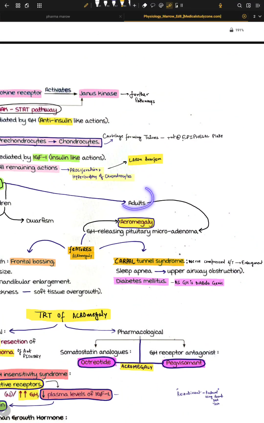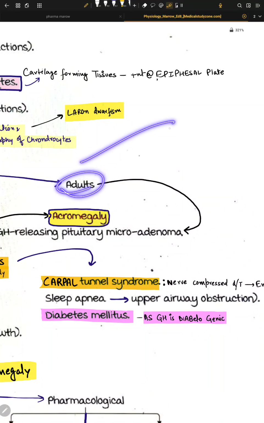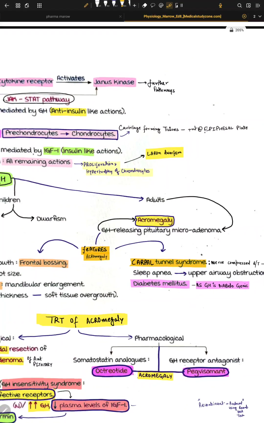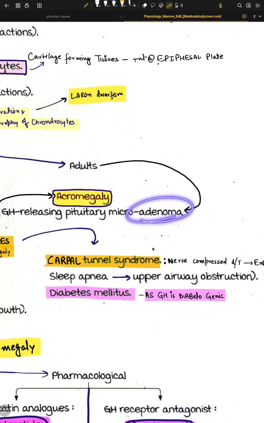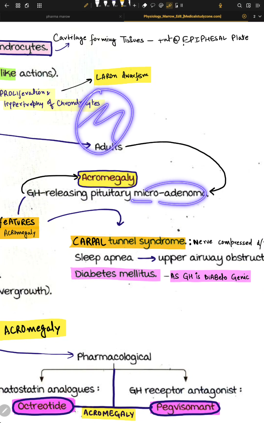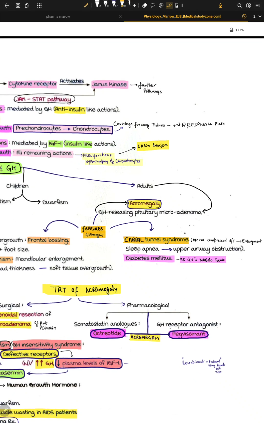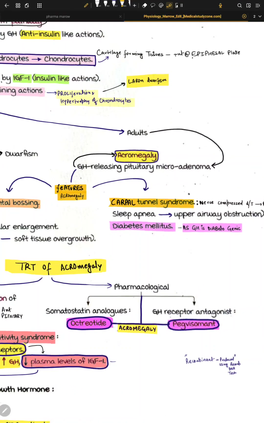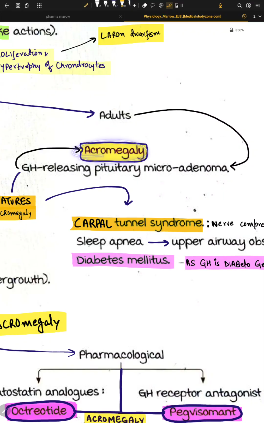In adults, when most of the development is already done, after 22 or 23, if you increase GH externally or internally, by some sort of adenoma, not adenocarcinoma, a GH-releasing anterior pituitary microadenoma, you can remove this microadenoma using a surgery called transsphenoidal resection of the microadenoma of the anterior pituitary. Cool. By the way, this gives acromegaly.